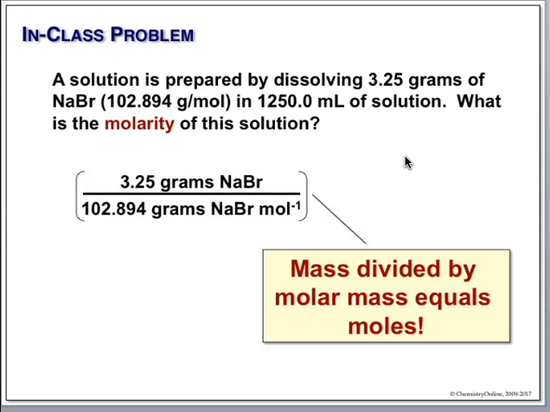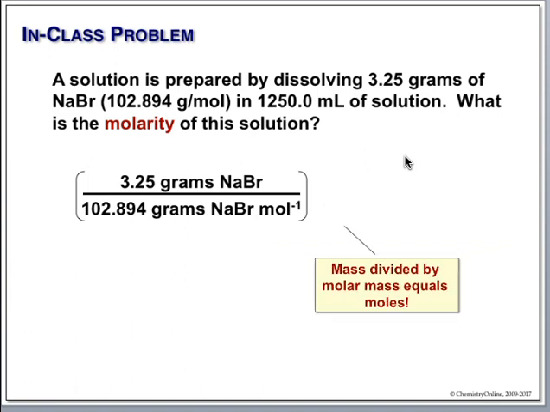Mass over molar mass gives us moles. So that's the number of moles that we have. How many liters do we have? Well, this is given in milliliters. Remember, there are 1,000 milliliters per liter. So we need to divide this by 1,000. And that's 1.25 liters.